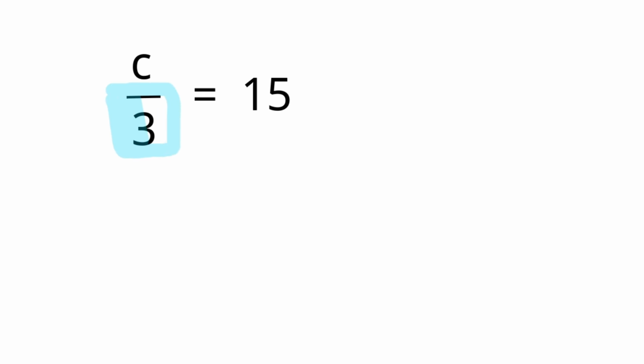We have to undo divide by 3. The only way to undo divide by 3 is to multiply by 3. Show multiply by 3 by using parentheses on both sides. Multiply by 3, multiply by 3.